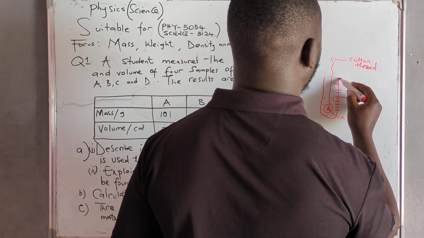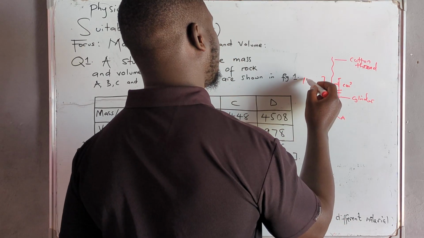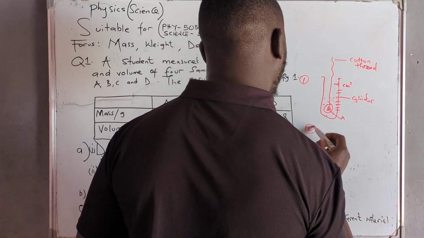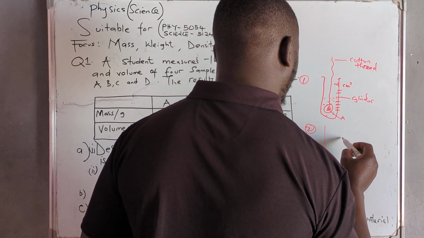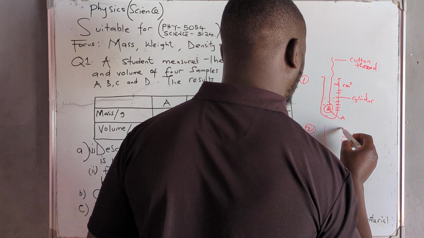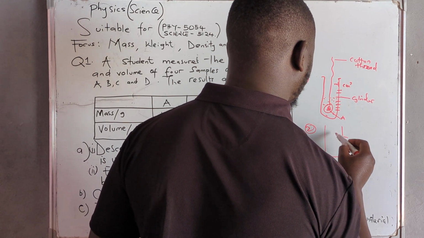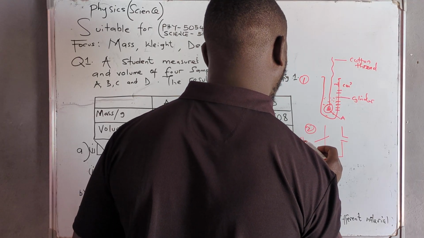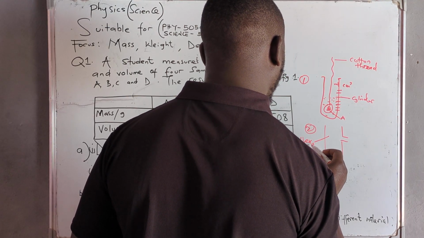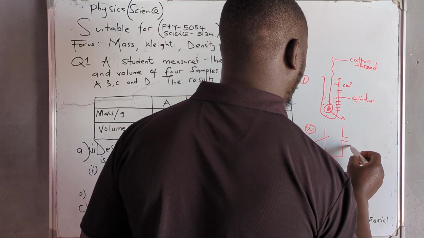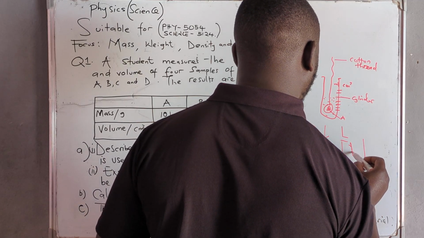So this is the first option. We have a second option, where you have a spout. This is a Eureka can, where you put your measuring cylinder like that.